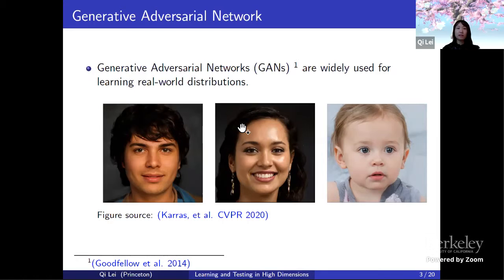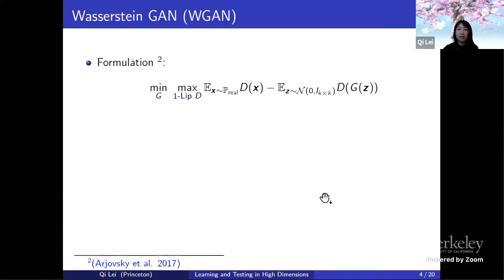So we all know that generative adversarial networks are very widely used and popular for learning real-world distributions. For instance, they create very photorealistic images. And among different types of GANs, WGAN, or Wasserstein GAN, was proposed to improve the training dynamics of GAN, since with its formulation it can minimize the Wasserstein distance between the real distribution and the distribution we are generating.